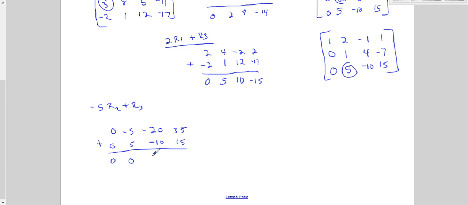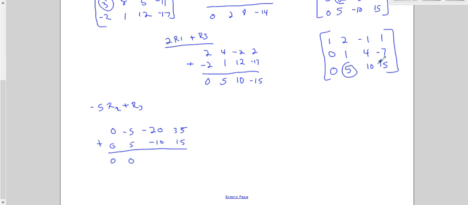0, oh, this should be, let me check this here for a second. All right, so I am having some difficulty here. This was 0, 5, positive 10, negative 15.